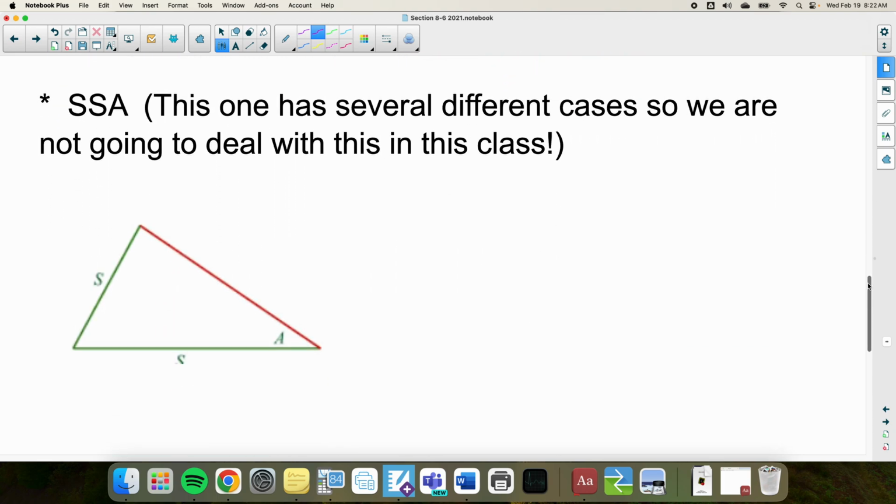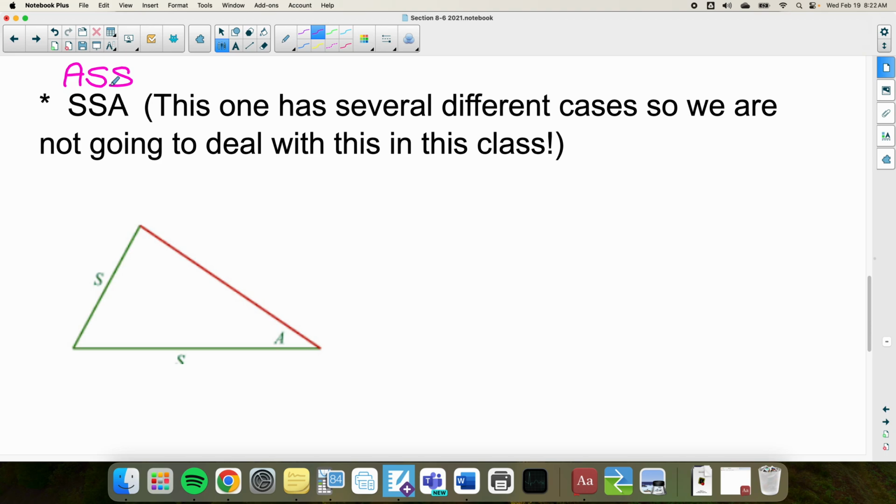Now there is one other way that you can do law of sines. Do you guys remember, I think I talked about this, when we did congruent triangles, did I talk about if it's ever angle, side, side, that's an ass triangle, we can't do that? Did I ever talk about that?